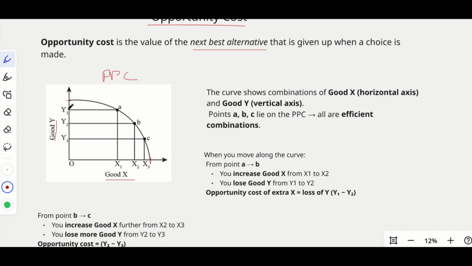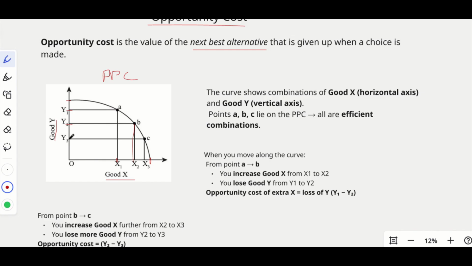If I decide to produce more of Y, that is the Y1 range, then I can only produce this much of X, X1. If I reduce Y by a little bit, then I can produce more of X, X2.